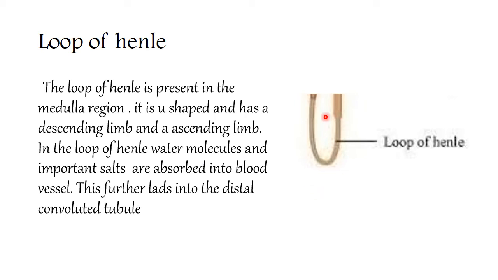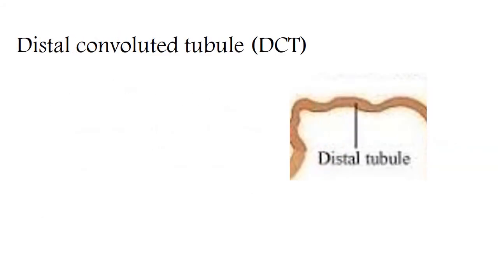It is U-shaped. It has a descending limb and an ascending limb. In the loop of Henle, important salts and some water molecules are absorbed into the blood vessel. The remaining urea and some water molecules proceed into the distal convoluted tubule or DCT.